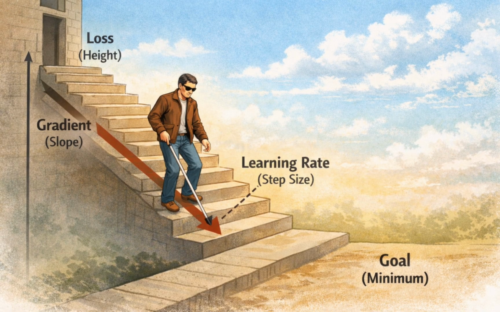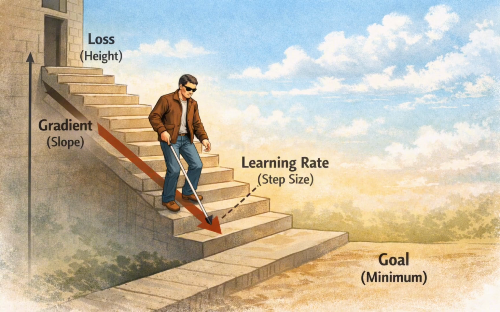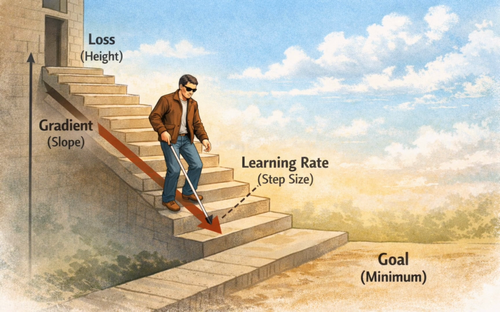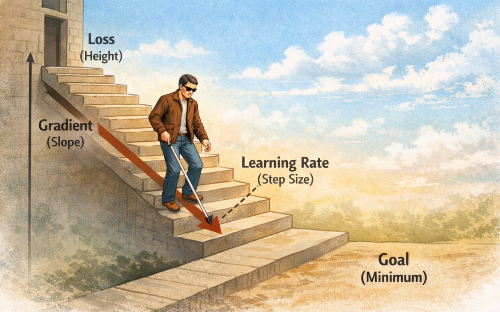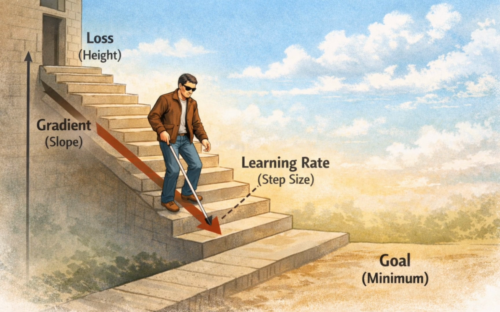The slope, which is the stairs, is the gradient. Now, the man uses a stick to touch the floor to see which step he's going to take, and he puts his feet gradually onto the next step. That step right there is your learning rate.